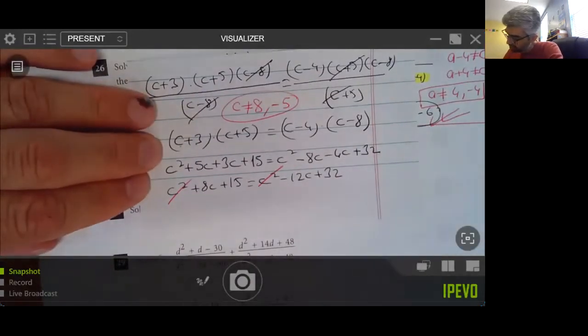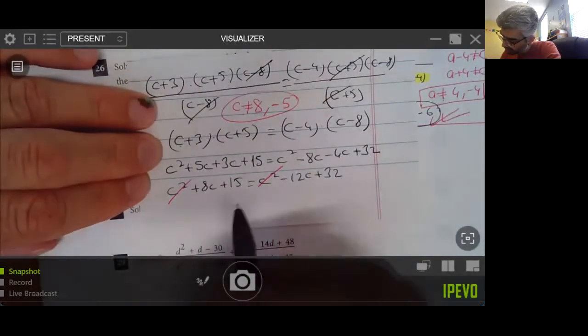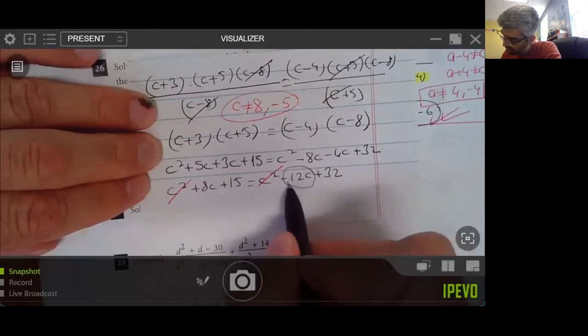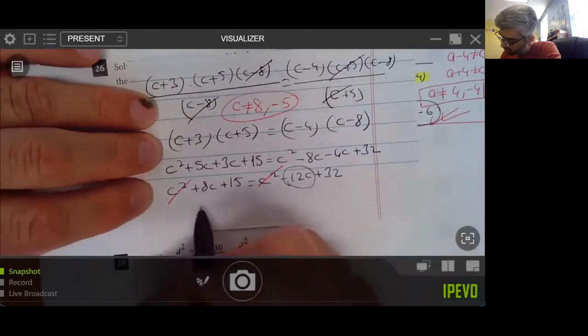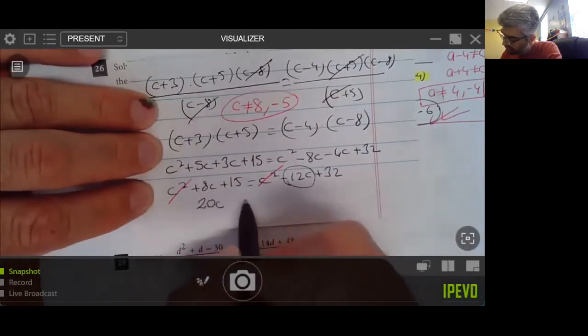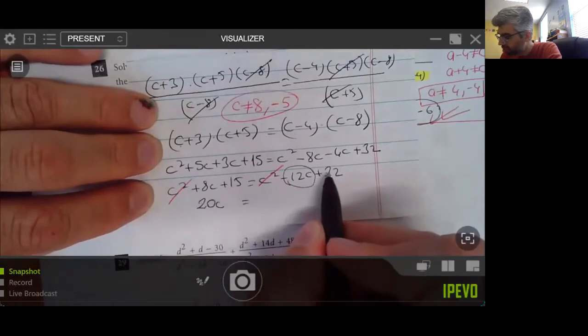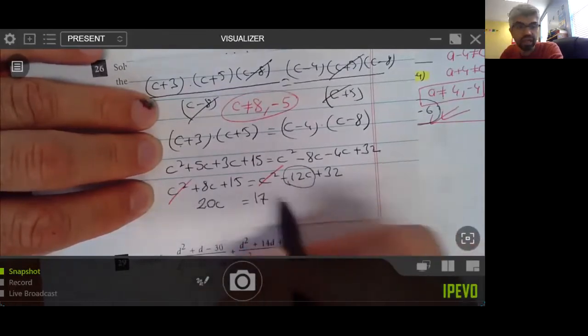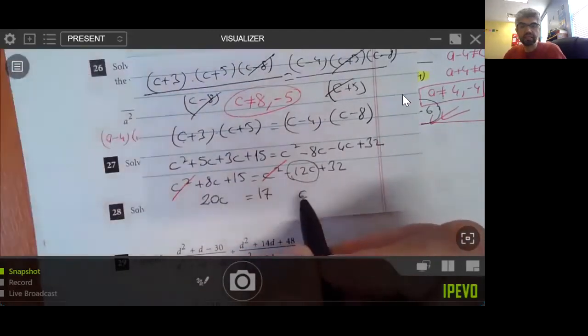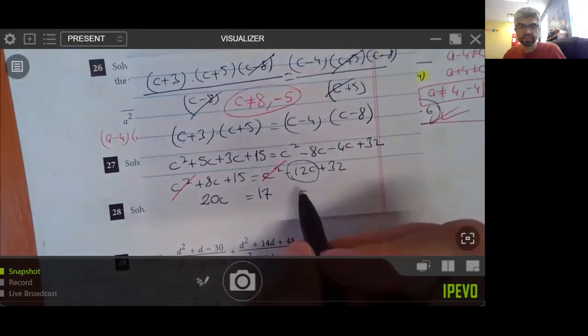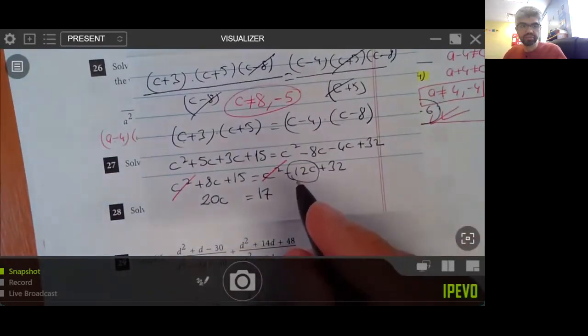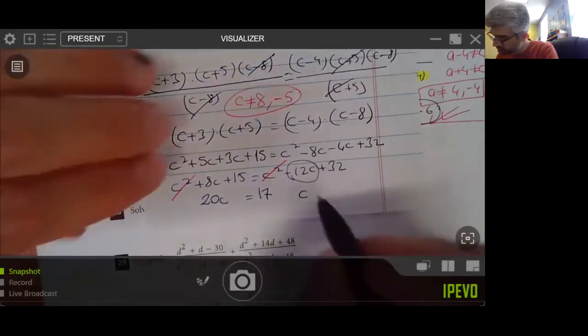Now I have what? Let's combine the c's on one side. This is negative 12c. If I add 12c to both sides, I will have here 20c. And if I subtract 15 on both sides, I will have no number on the left side. 32 minus 15 is 17. And from here, c is equal to 17 over 20.